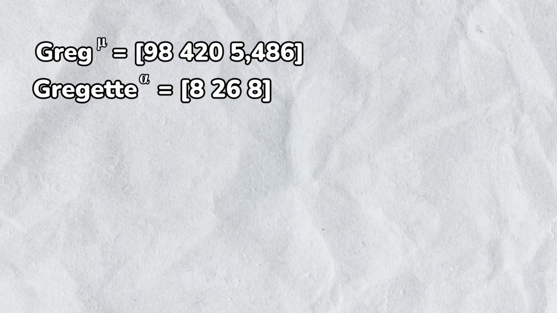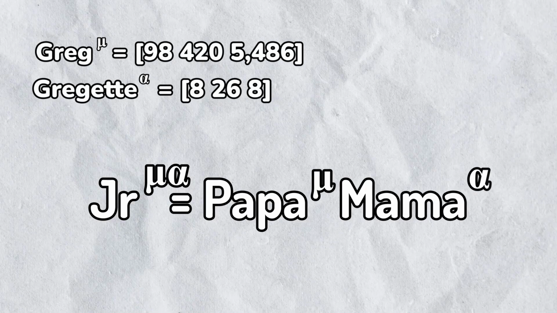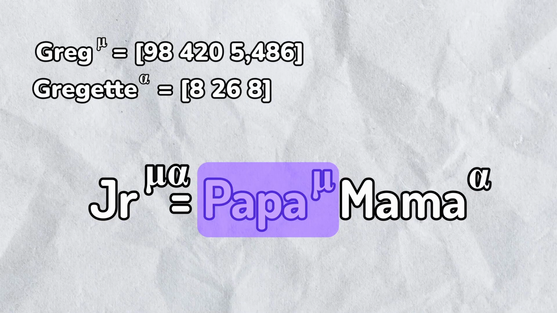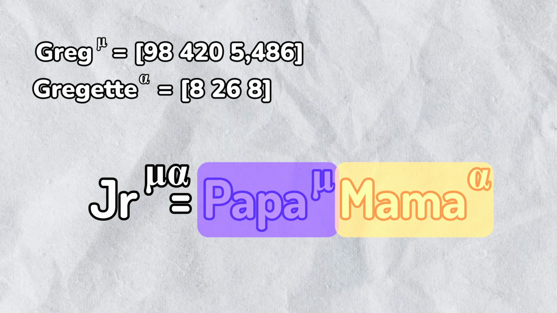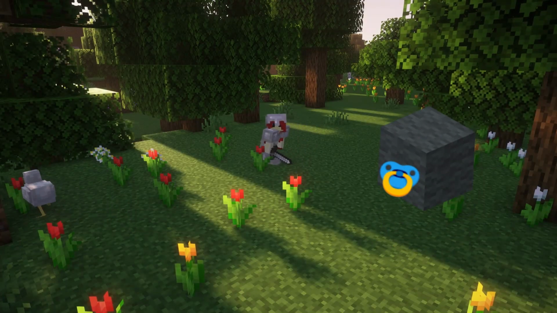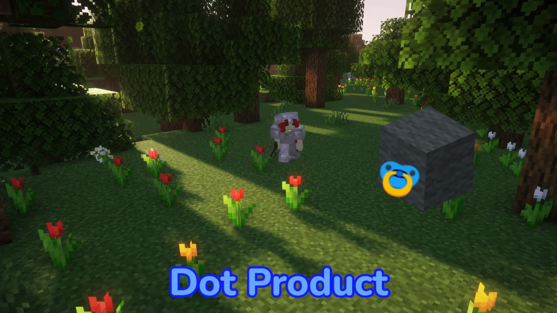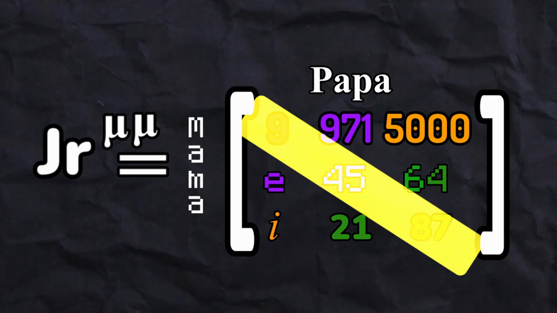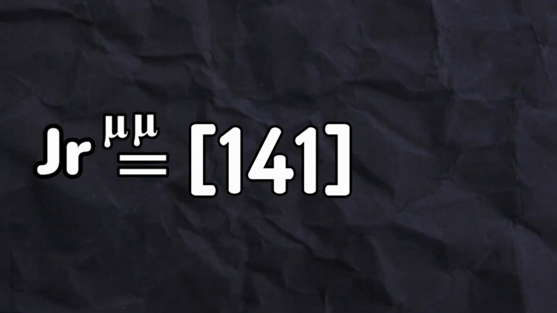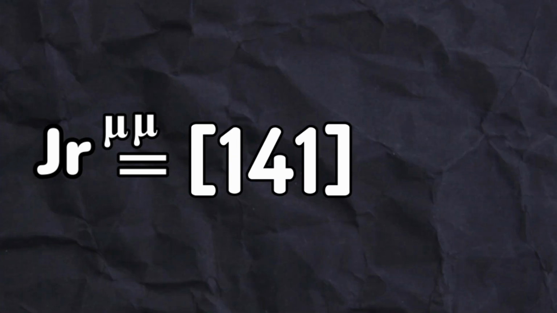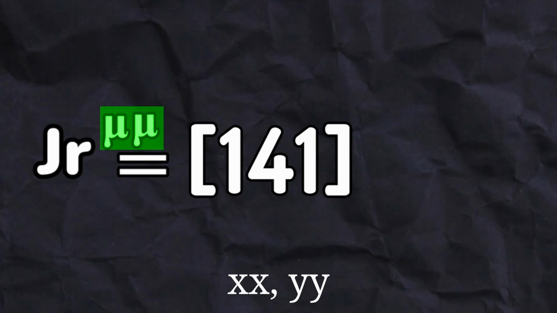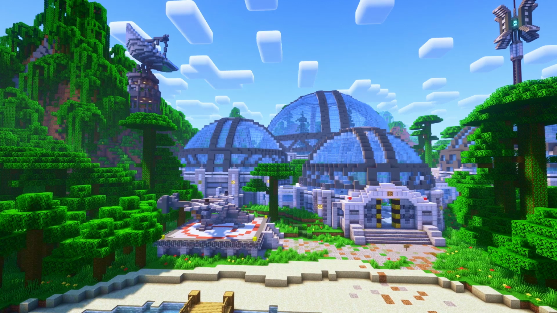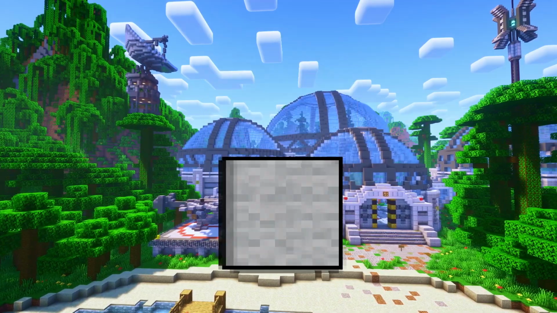Here's how the equation would work. For each value in the matrix, you'd find the product of Greg's values and Gregette's values. But when Greg Jr. is a baby, he is instead the dot product of his parents. In this form, the diagonal values from his adult form are added together into a single scalar quantity, since the diagonal values share identical indices like xx, yy, and zz. Those are some possible things that tensors like Greg can perform.